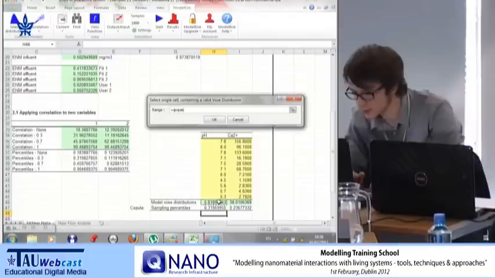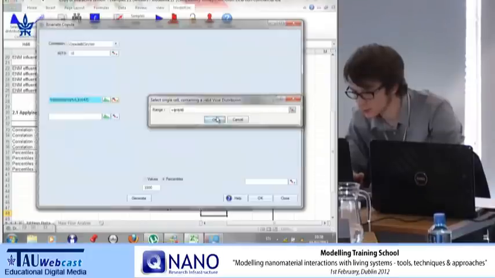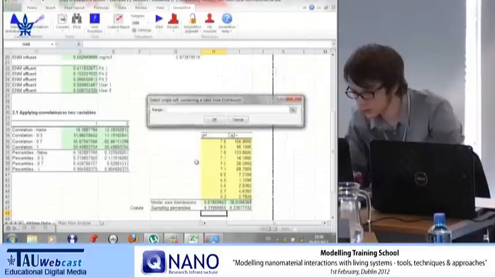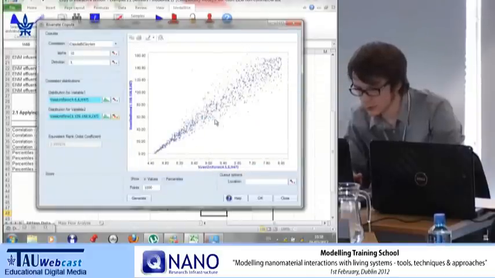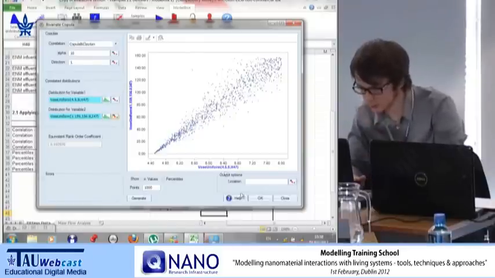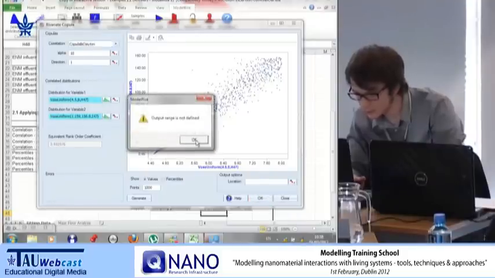I'm going to take this distribution, and I want to correlate it to this distribution here. And this is how it's going to sample between the two. Okay, sorry.